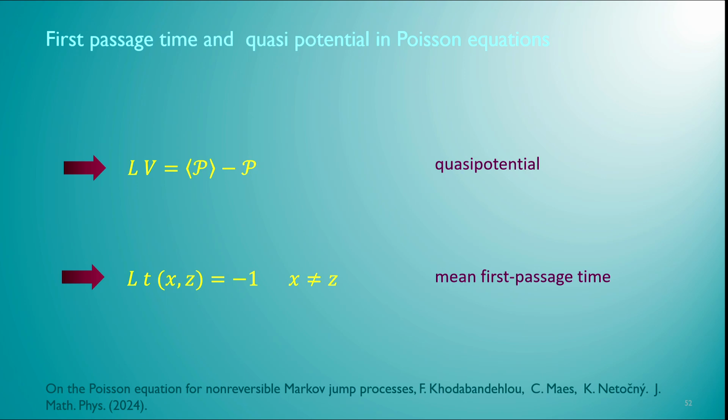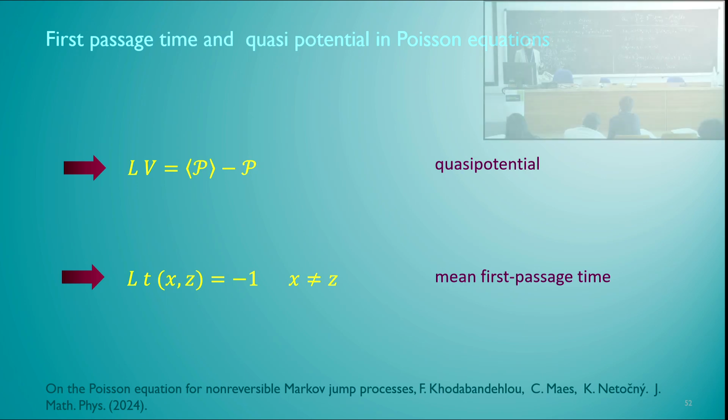We solved the Poisson equation. This is the Poisson equation for the quasi-potential, and this is a kind of Poisson equation for the first passage time. Do you know what the first passage time is? It is the first time that the process, if it starts from X, meets Z. The process is random, it's stochastic.